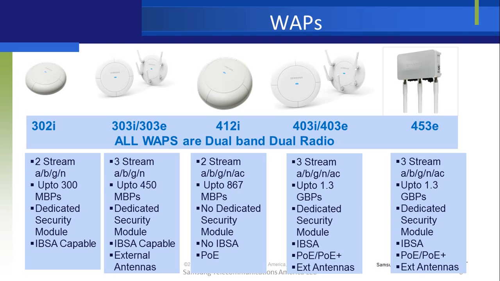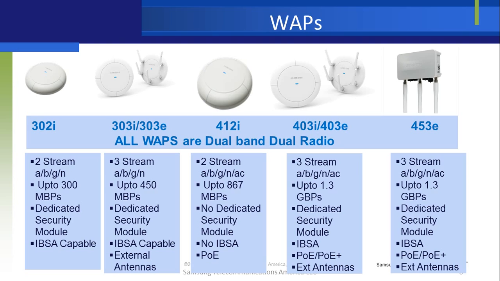And no IBSA. So this one doesn't have the dedicated sensor antennas for monitoring. You can use PoE to power them up, or PoE plus, so it's not going to affect any performance. The clients would still be served fine.